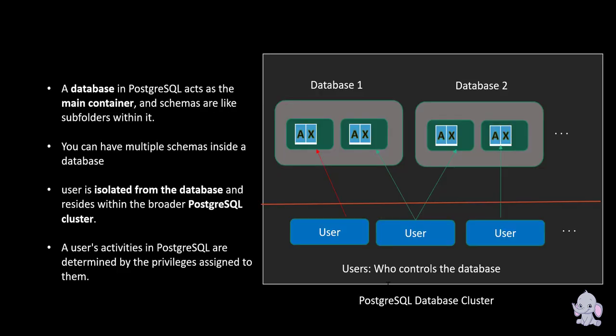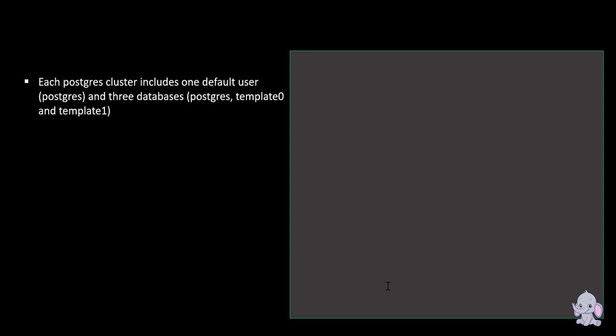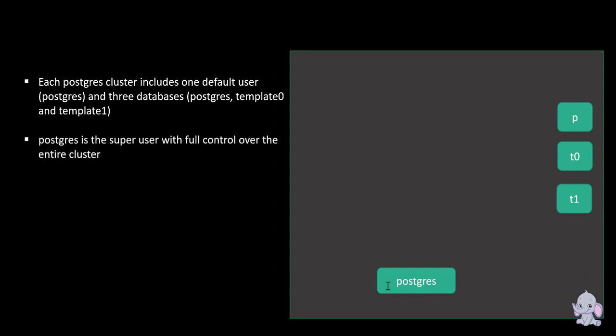Let's summarize what we have learned so far. Each Postgres cluster includes one default user, that is postgres, and 3 databases, that are postgres, template0 and template1. Postgres is the superuser with full control over the entire cluster.